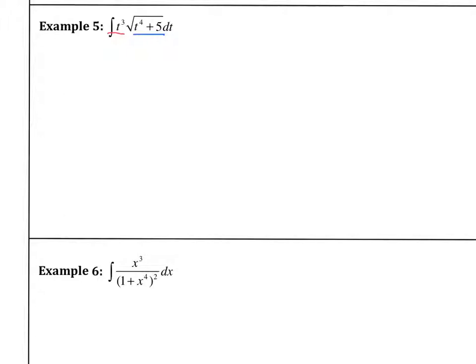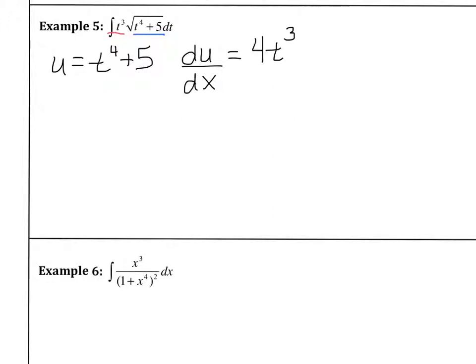So let's get started. We will call our function t to the 4th plus 5, and then we'll go get its derivative, right, that we see, or at least we see something close to it. The derivative of u with respect to x will be 4t cubed. And so let's start rewriting, and we'll see what sort of algebra and sorcery we need to do to make this work.